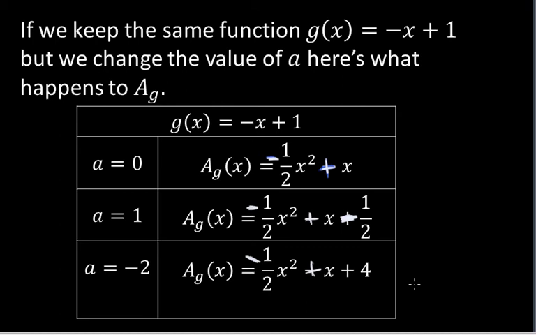I made the correction, but apparently I didn't save it correctly. So what I want you to notice in these examples is that regardless of what anchor we use, what lower limit of integration, we just get area functions that differ by a constant. Each time we come up with an antiderivative of g.